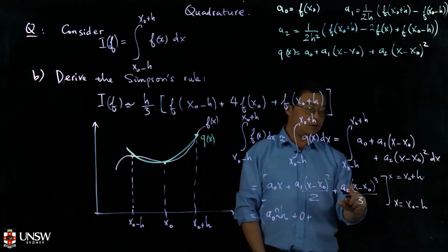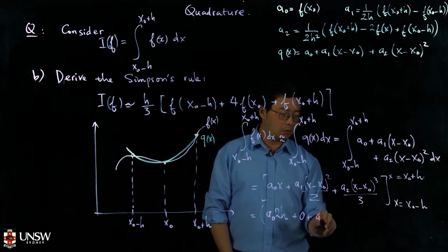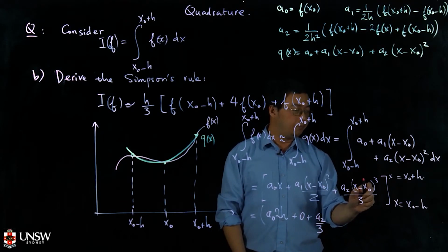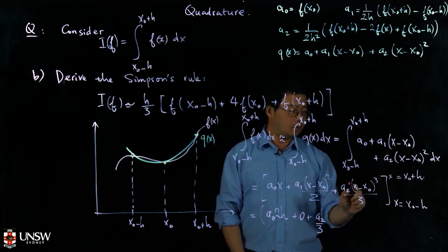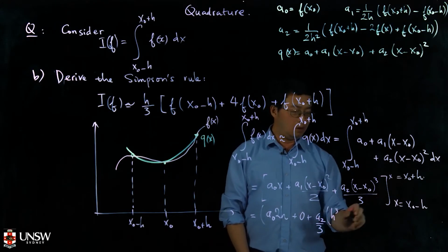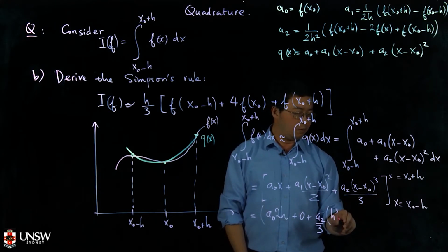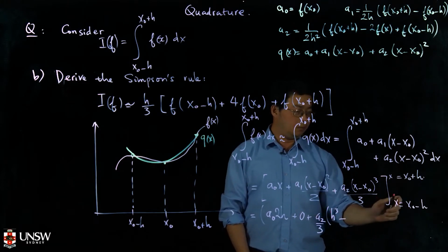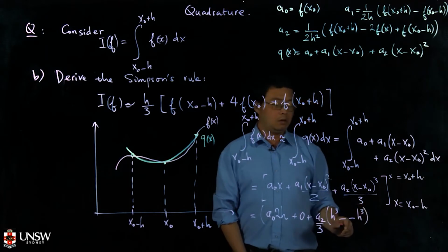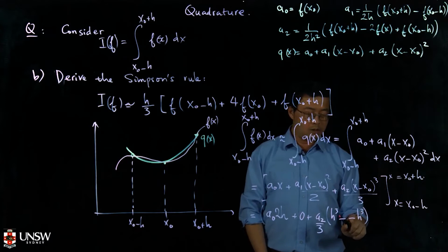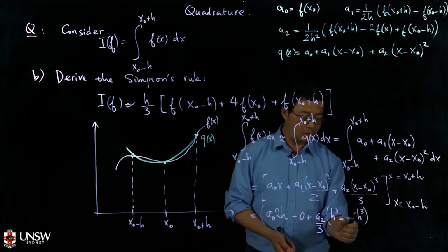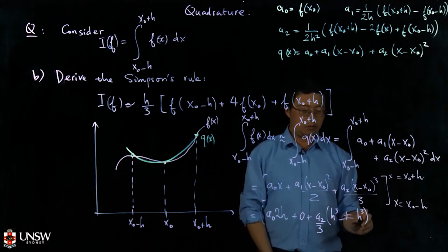And the last one is you have a2 over 3, and you put in x0 plus h, which gives you h cubed, minus minus h cubed, yeah. So what is it, like 2h cubed? So maybe write h cubed plus h cubed, yeah.